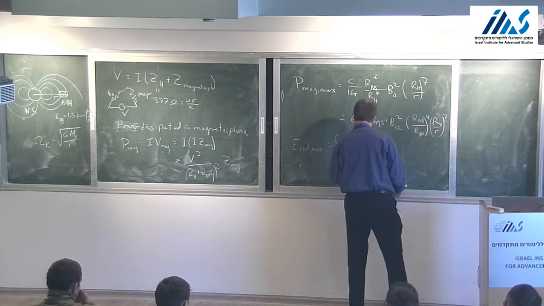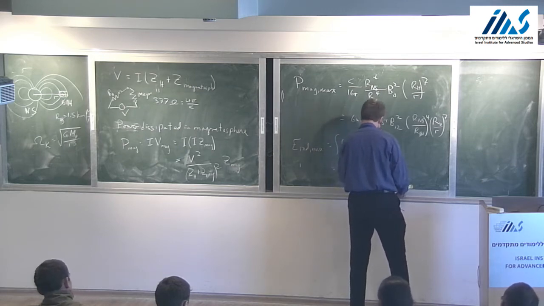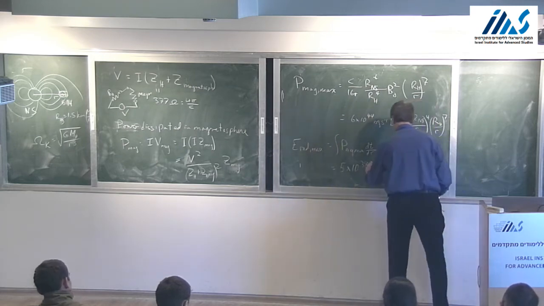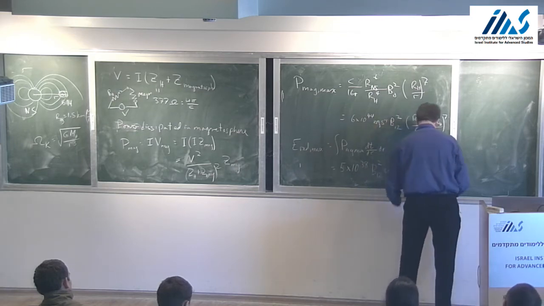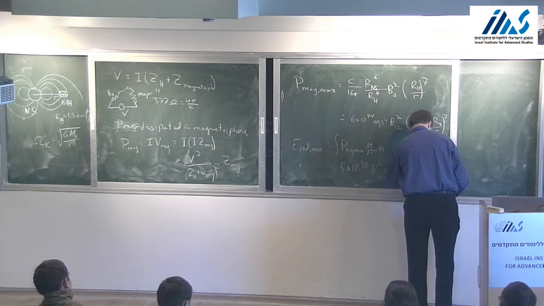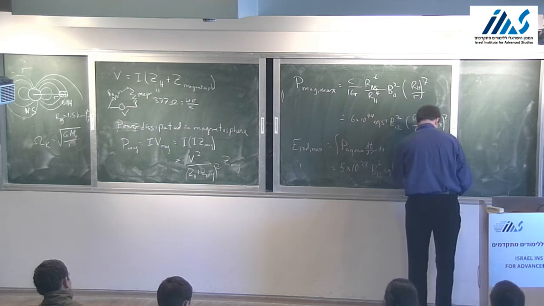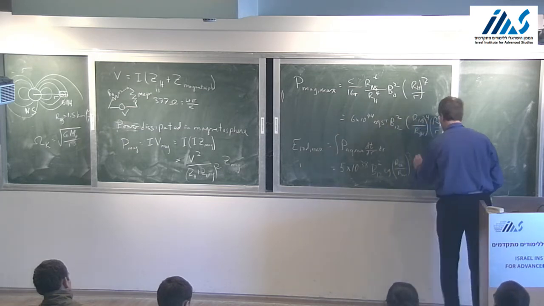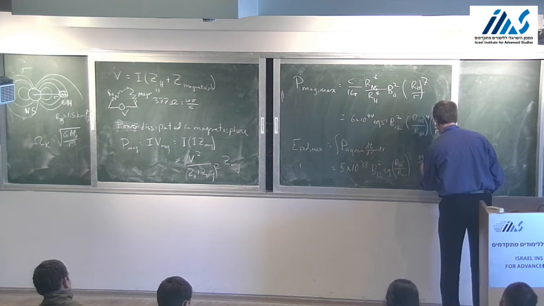And that is where things get depressing. 5 times 10 to the 38, B12 squared ergs, R neutron star over R. So clearly this depends on how close you get cubed. And then there's M over M neutron star.